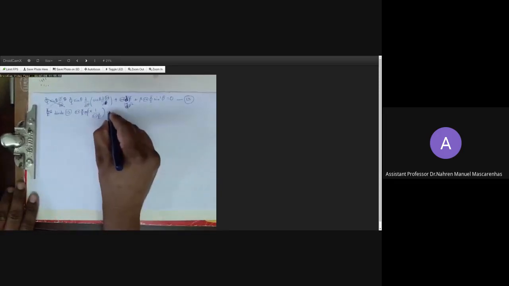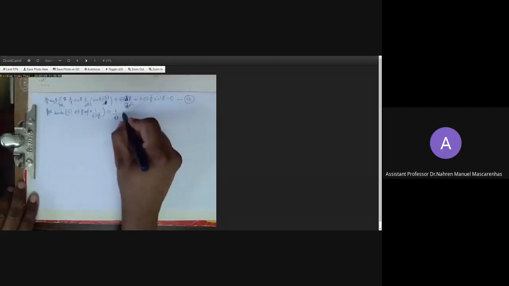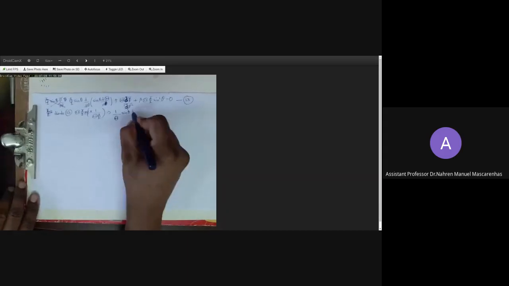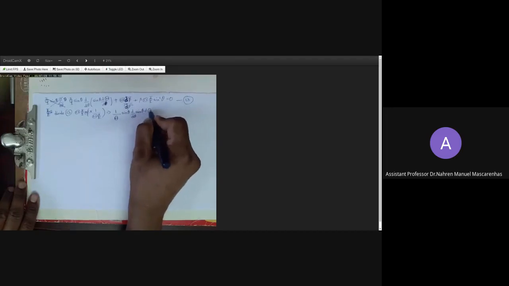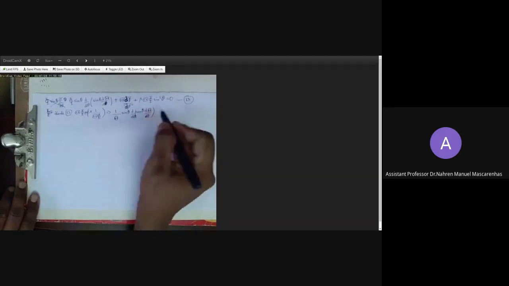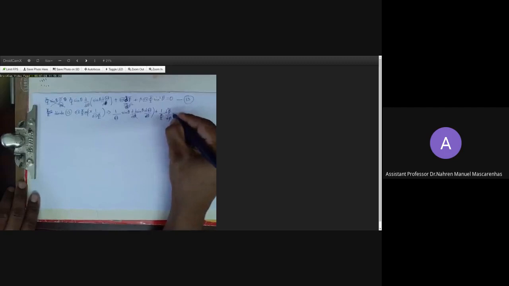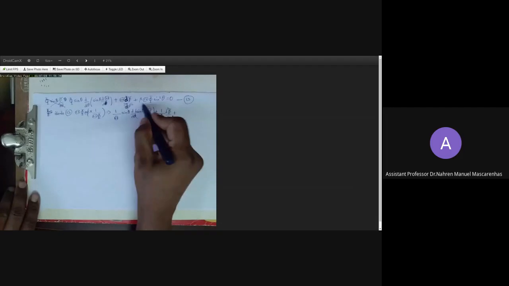So this will give you 1 by capital theta, sin theta, d by d theta, sin theta, d capital theta by d theta, plus 1 by capital psi, d square capital psi by d psi square, plus this whole term will go.